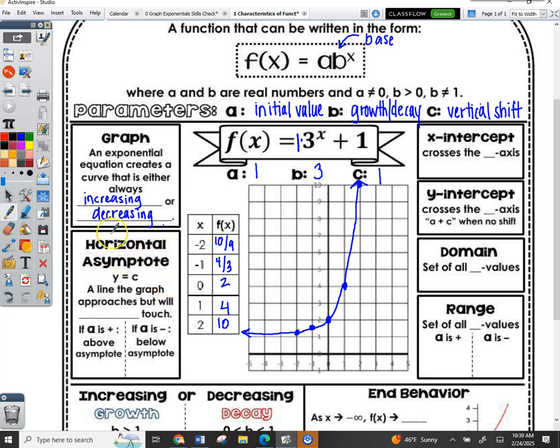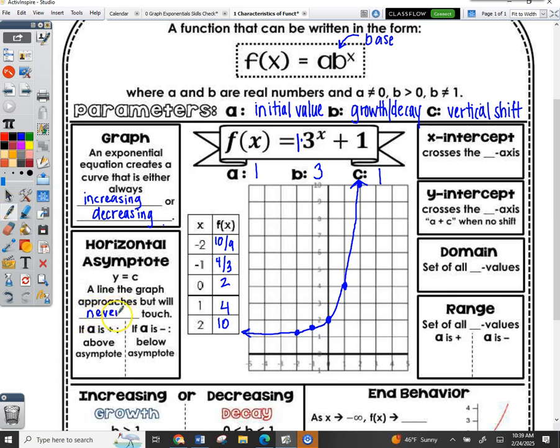You do have this new concept of what's called an asymptote. An asymptote is an imaginary line that the graph is approaching, but it won't actually touch.